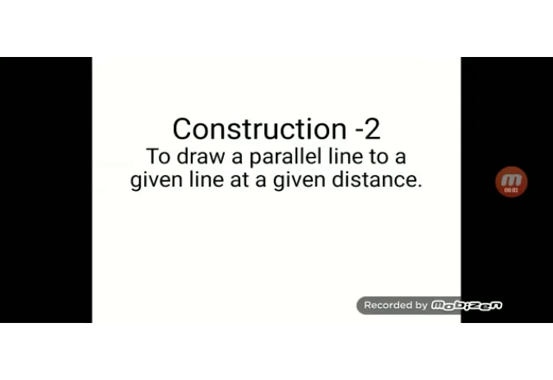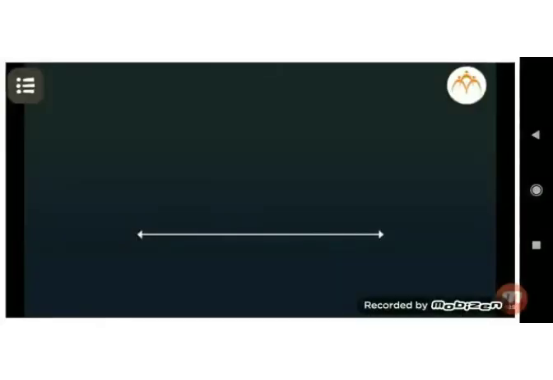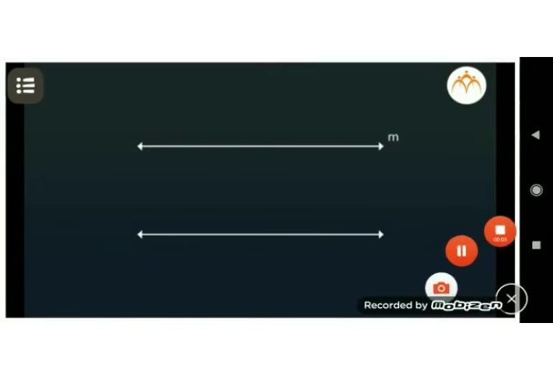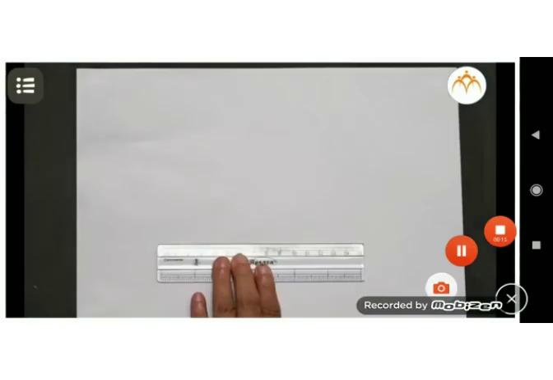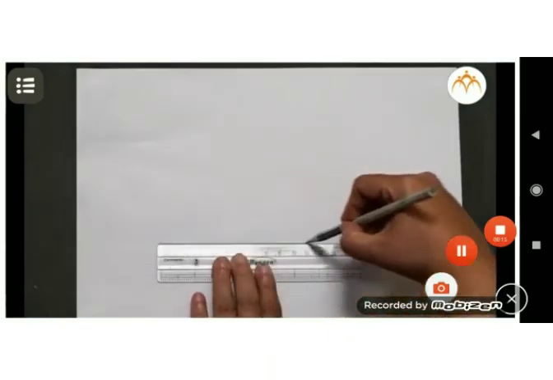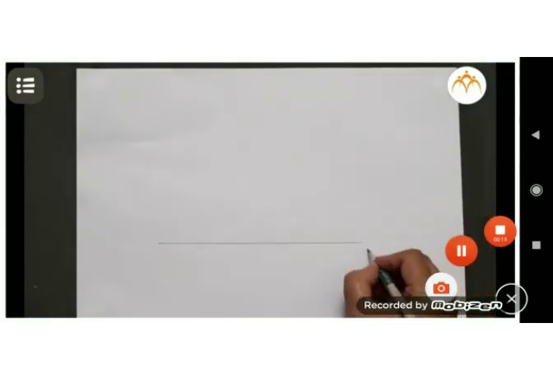Construction 2. To draw a parallel line to a given line at a given distance. Let us learn the construction of a line M parallel to the given line L at a distance of 6 centimeters. Let us draw a line L by using pencil and ruler.